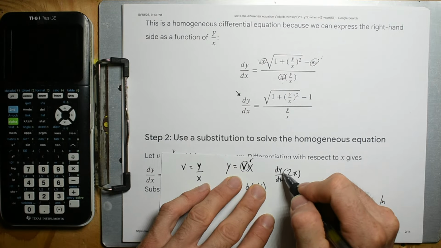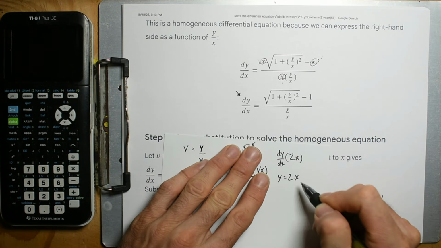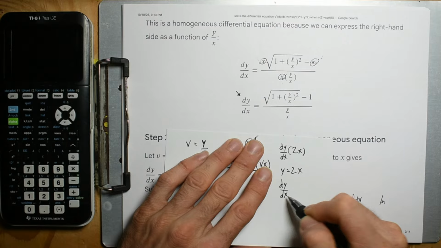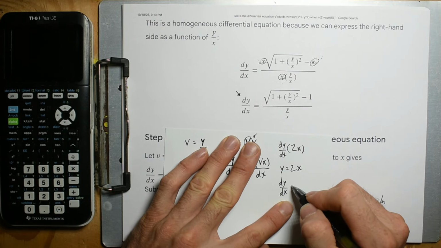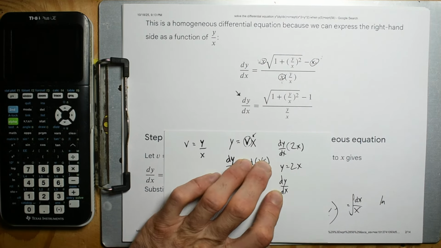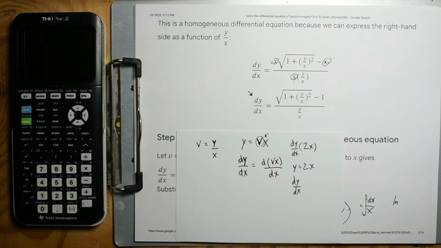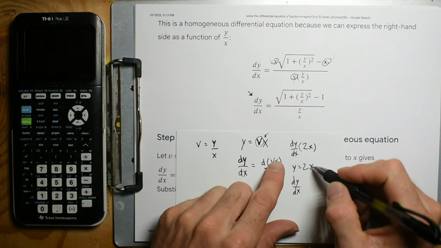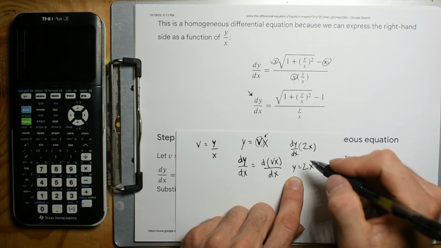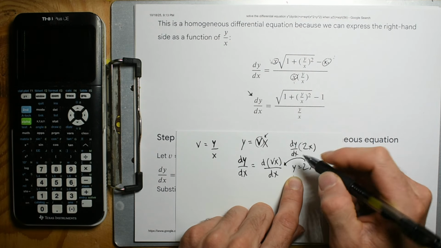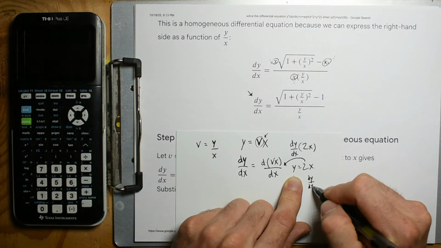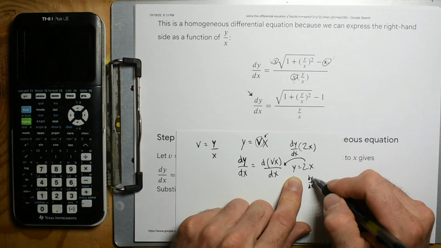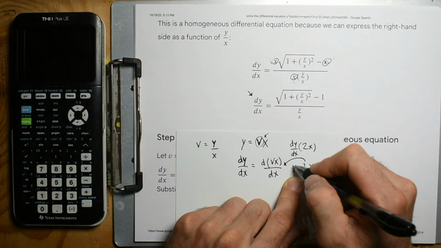I'm sorry, if y is 2x, I can't take dy dx. Alright, holy Toledo. I was just saying that when you take the derivative of this, you can factor out the constant. So this is just dy dx of, and then, how do you do that?